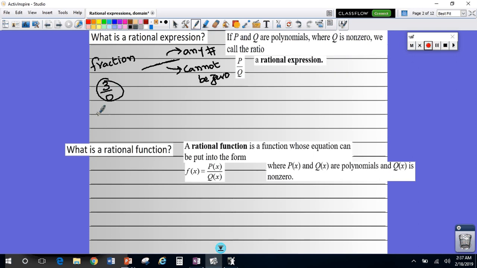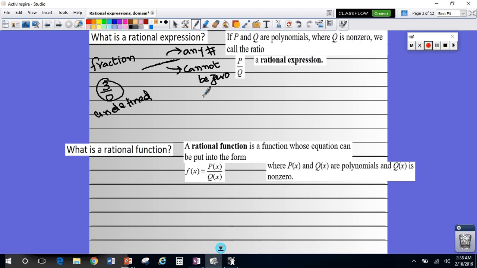This is undefined. So now instead of a number, if you take any polynomial in the numerator and a polynomial in the denominator, that is called a rational expression.